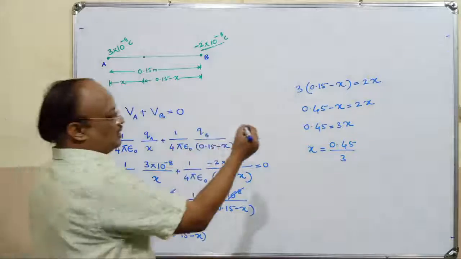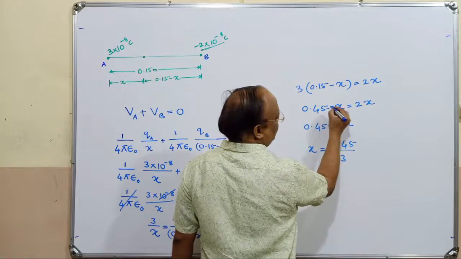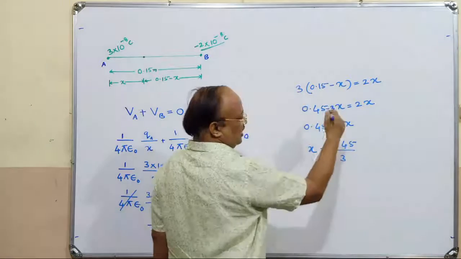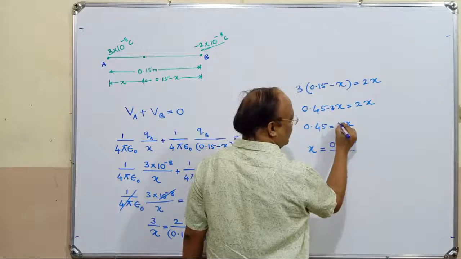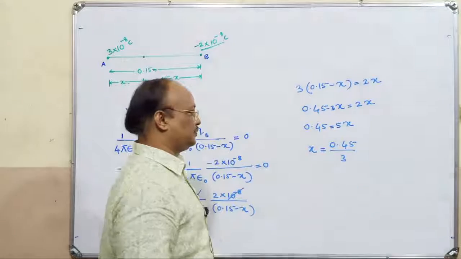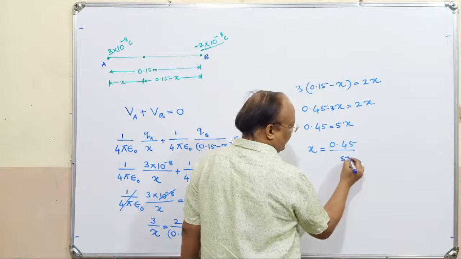Just multiply this 3 with this, 0.45 minus 3x. If it goes that side, this becomes 5x. So 5x means this will be 5.